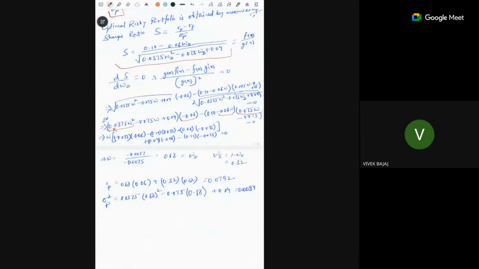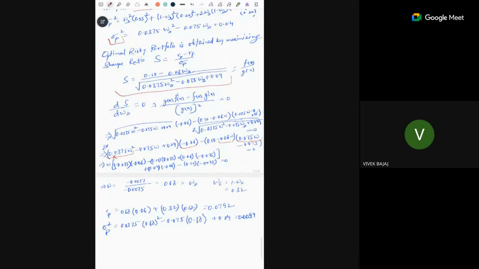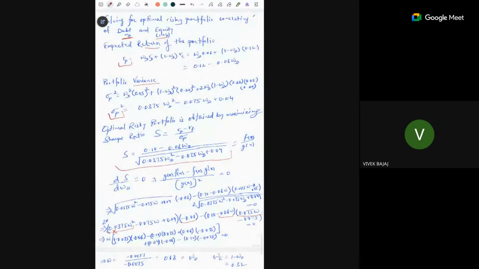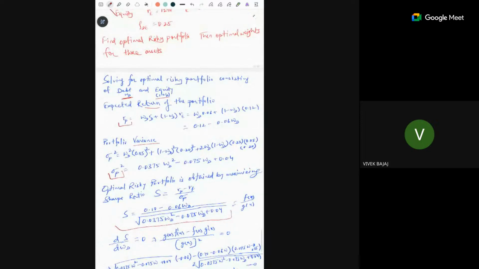I have done these calculations, and we have done this in one of the questions of the graded assignments and in one of the lectures also. Mathematically solving for the optimal risky portfolio is a very lengthy process. I have given this example just for the understanding of how we find the optimal risky portfolio.